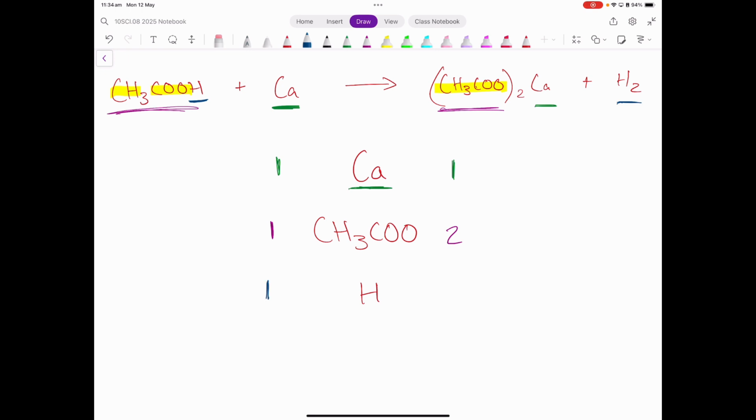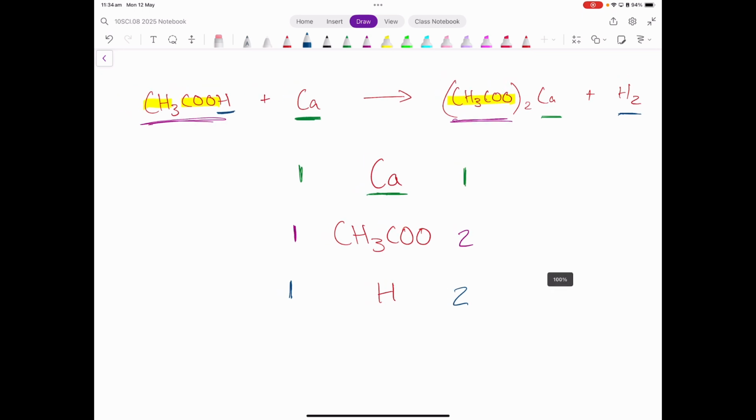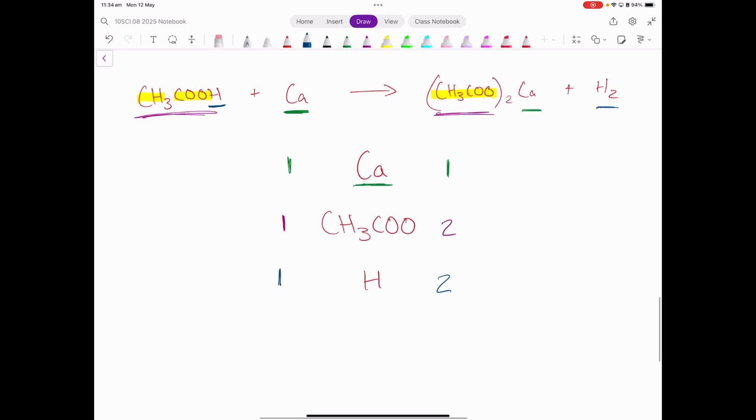Now, the trick here is when I say 1, I'm talking about hydrogens that aren't found in ethanoate. When I look over on the right-hand side, how many hydrogens do I have that aren't found attached to the ethanoate? Okay.